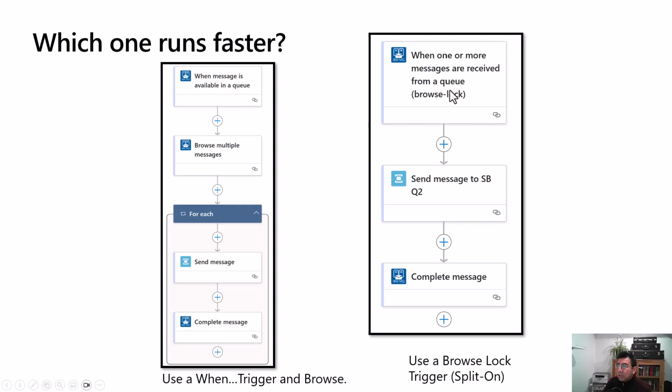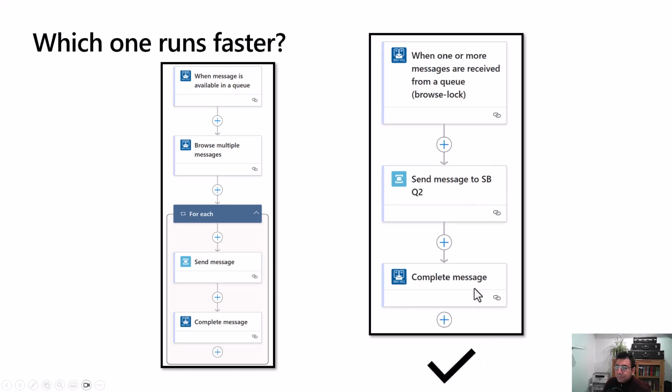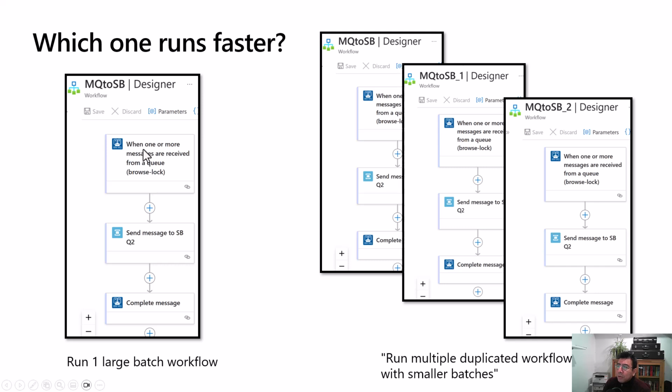So this is not as efficient as this one. The trigger when a message is available in a queue is just the one that sends a yes or no, right? It can be used if you have a very specific business scenario, but if you are interested in bringing the messages, we advise you to go to the second one, the browse lock with the split on.